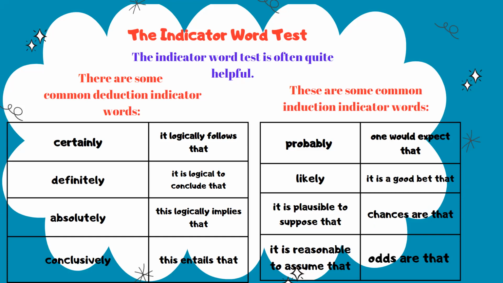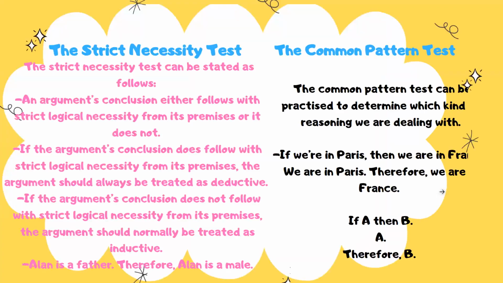It logically follows that, it's logical to conclude that, this logically implies that, this entails that. And these are some common induction indicator words also. You can see probably, likely, it's plausible to suppose that, it's reasonable to assume that, one would expect that, it's a good bet that, chances are that, odds are that. Let's move.